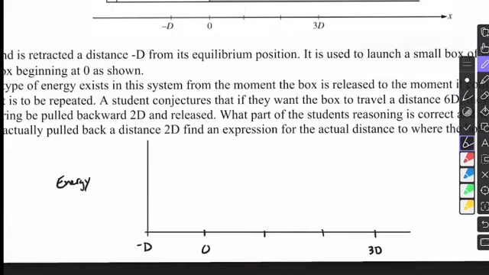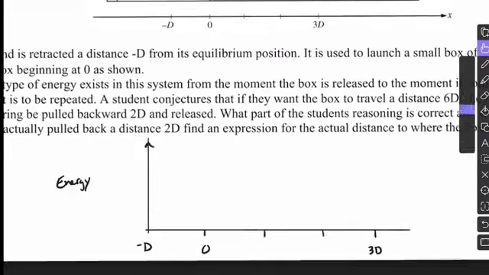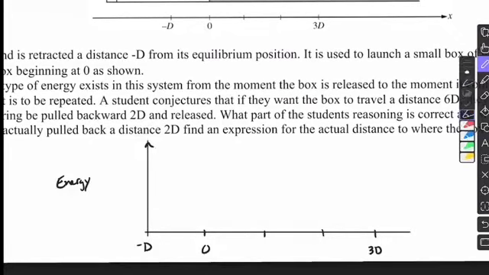All right, so I have a plot of energy, and I have this picture of this system where I'm going to pull the spring back a distance negative d. What would the energy versus position graph look like for this? I want from just negative d to 0. And I want you to think about it because I think you're going to get this wrong. But I think you should know how to do this.